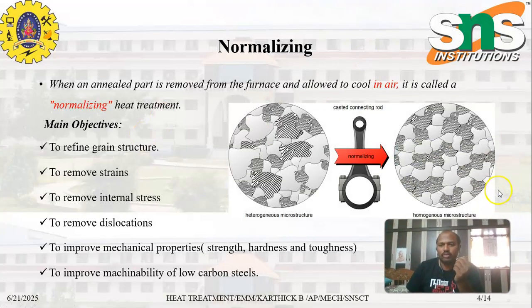The first one, apart from annealing, that I would like to discuss is normalizing. As its name implies, it is normalizing.